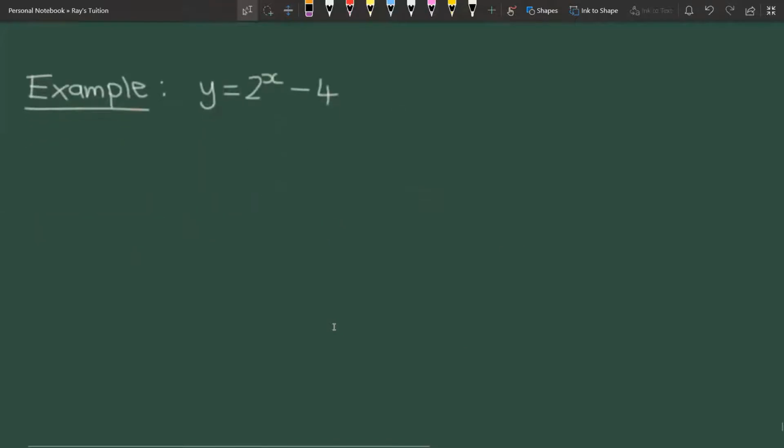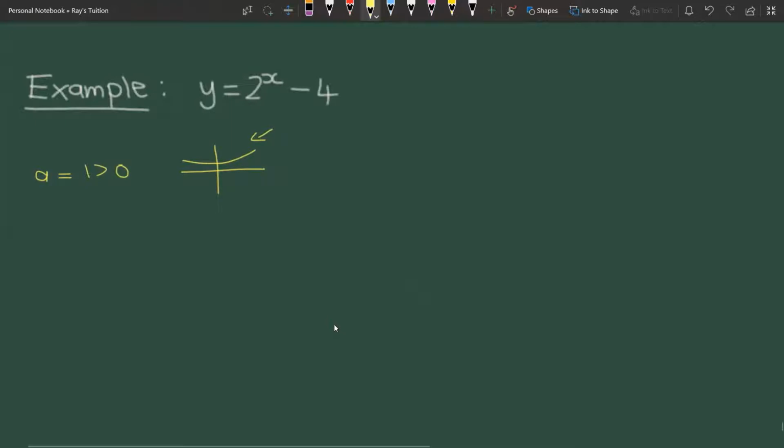So let us start with this example. The first thing we'll talk about is the shape. So we have that our A is equal to 1, and that is positive. So we know that our graph will be on the positive axis. The second thing is we want to determine whether it's an increasing or decreasing function.